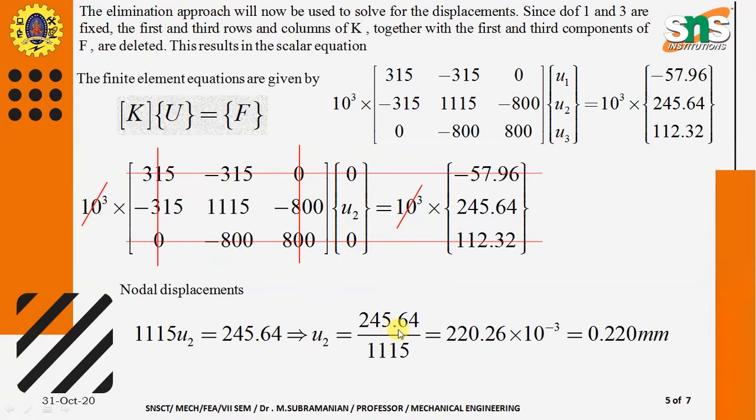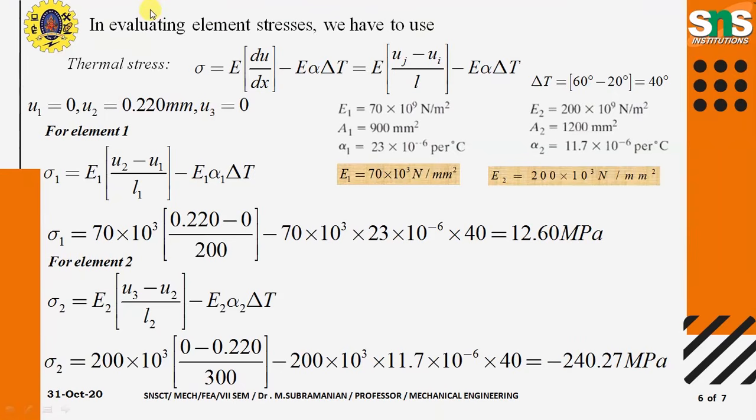So 245.64 divided by 1115 equals 0.22 mm.